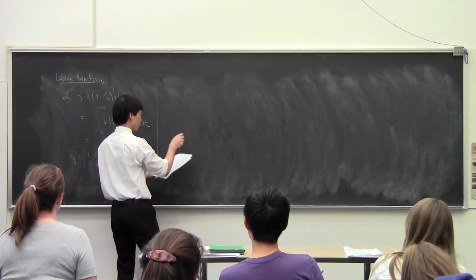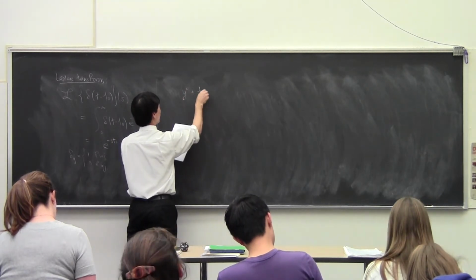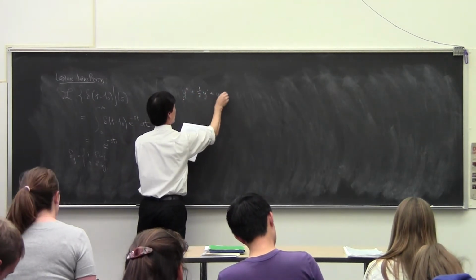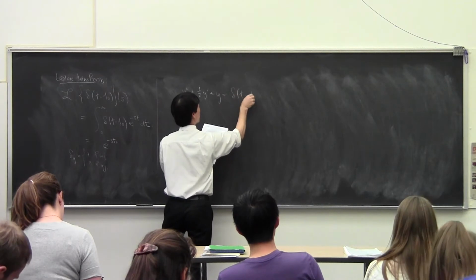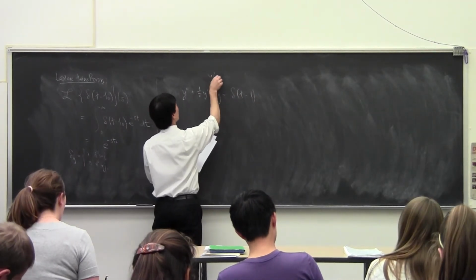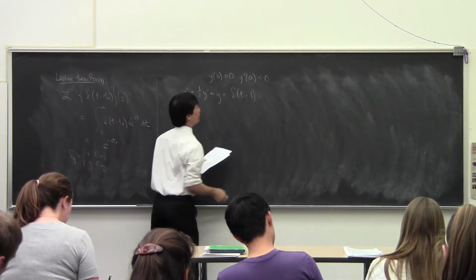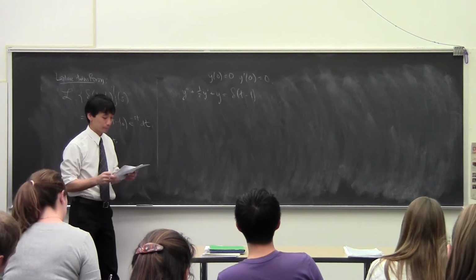Should be instructive. So here we go. y double prime plus 1/2 y prime plus y equals, say, the shifted Dirac delta function, and let's let y and y prime at 0 be 0.